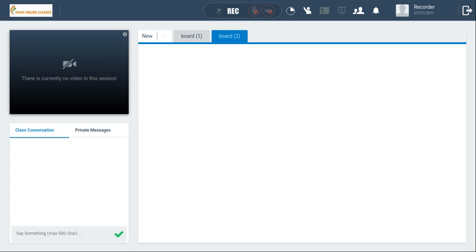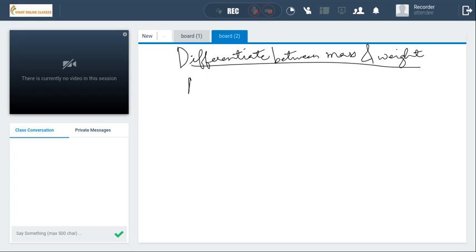Now the next topic is mass and weight. So the question will be like, differentiate between mass and weight. Okay, differentiate between mass and weight. So we can make two columns.